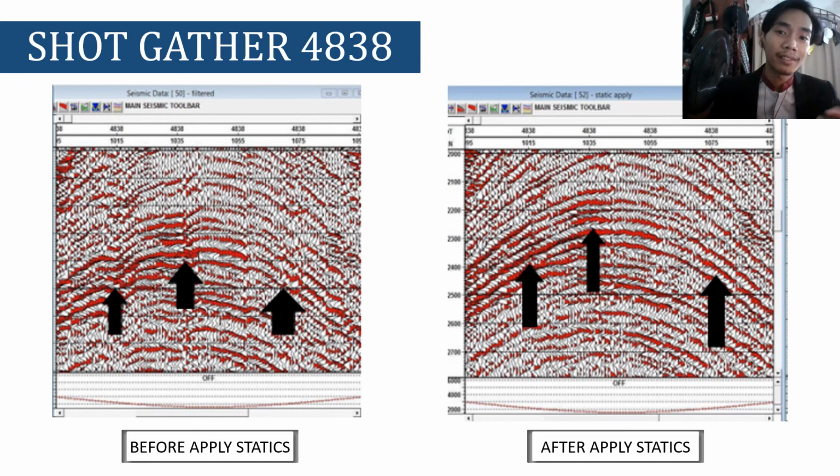So after applying the static correction, let us see the differences between before and after applying the static correction. As you can see, for this shot gather 4,838, the left side is the data before applying the static correction, and the right side is the data after applying the static correction. As you can see, the seismic lines were nearly hyperbolic, which will ease the interpretation by the geophysicists later.